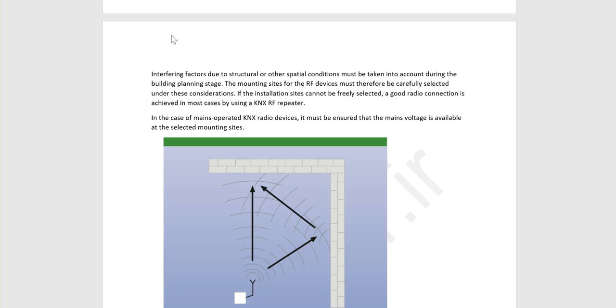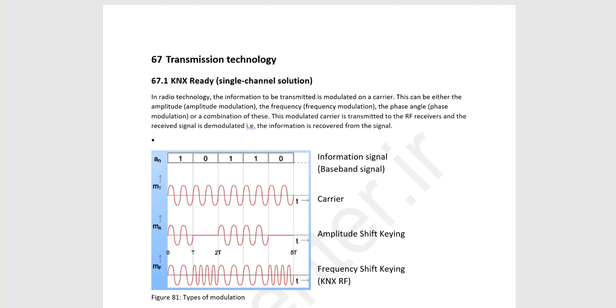The repeater is going to amplify these transmission signals. In the case of mains operated KNX radio devices, it must be ensured that the mains voltage is available at the selected mounting site.